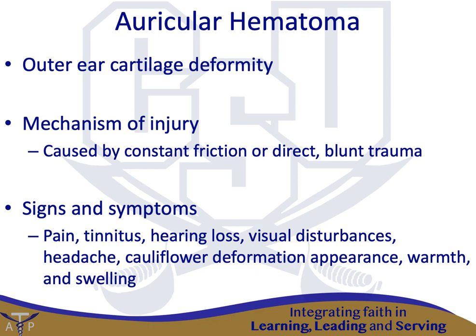What we see with this type of injury is a lot of pain around the outside of the ear, possibly ringing of the ear, tinnitus, hearing loss even, visual disturbances such as that cauliflower appearance, which is that outside swelling of the ear, warmth and swelling around the outside.